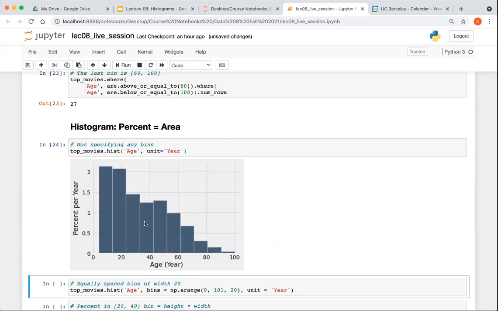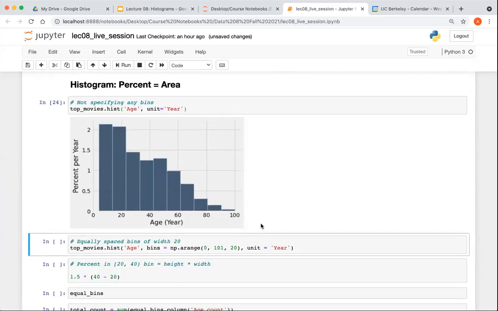The area of each bar is the percent of entries within this bin. The bins have the same conventions as we talked about regarding binning. Okay, so if I look at this, here's my 40, but this edge of the bar is not at 40. I don't know exactly where that is, and that's kind of annoying. I'd like to know where the edges of the bars are, then I can specify my bins, just as we've done before.